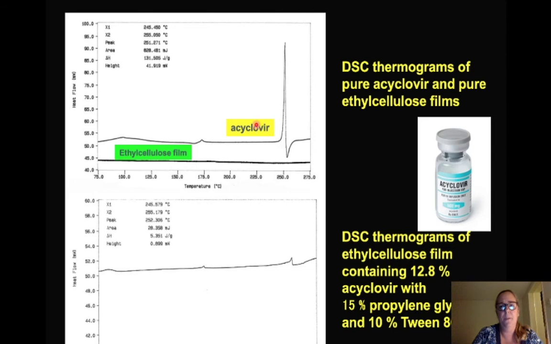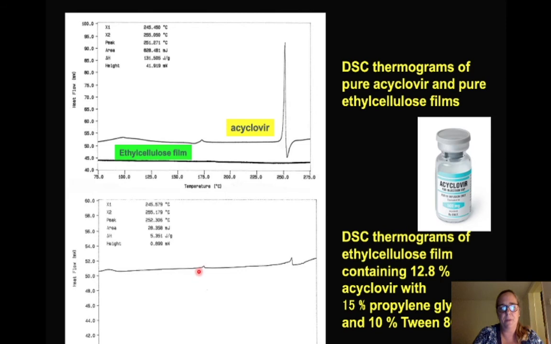These are pure substances, okay, so this is a typical profile that we'd see. Now, if we take the same compounds and mix them and they're not so pure, what we see when we look at the thermal profile is that it changes. The ethyl cellulose film is quite similar, but you don't see this slight peak here.